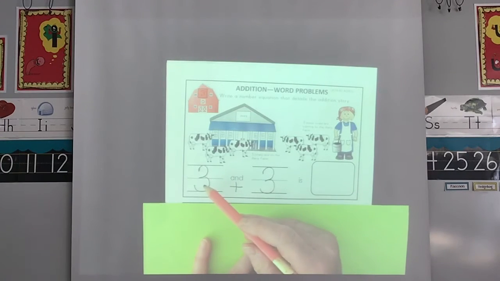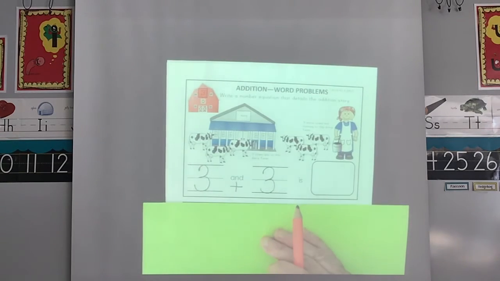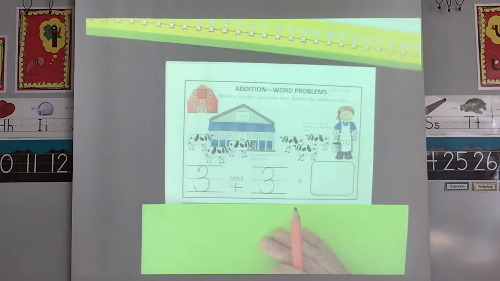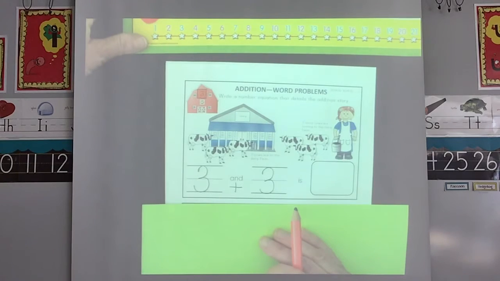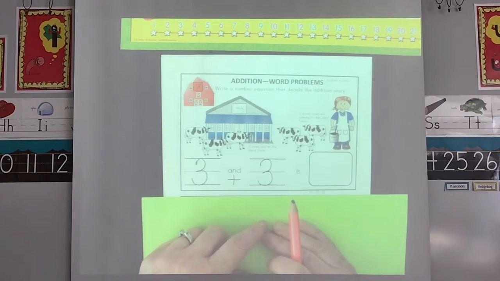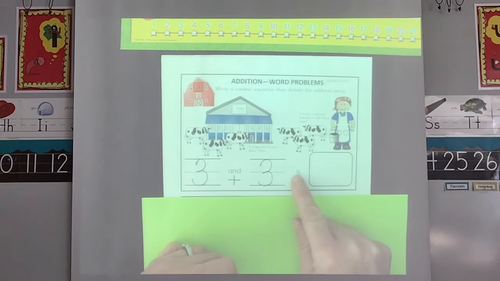So 3 plus 3, well, let's look at our number line. We like our trusty little number line. Let's do this so that we can see it right here at the top. Okay, we're going to put our finger on the 3. So 3 plus 3 is. What do you think that means? What's another thing that we say when we go 3 plus 3?